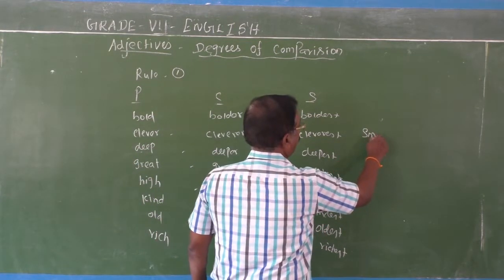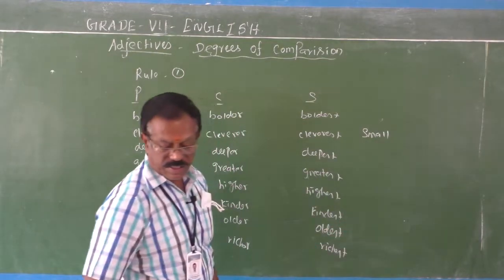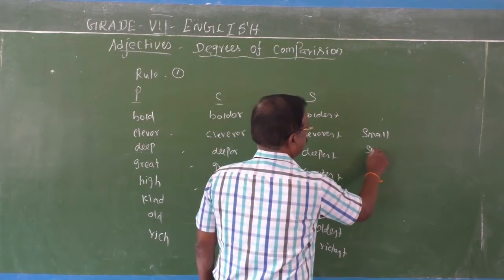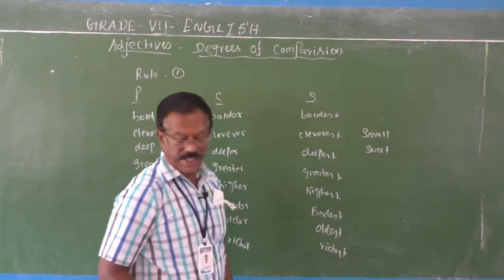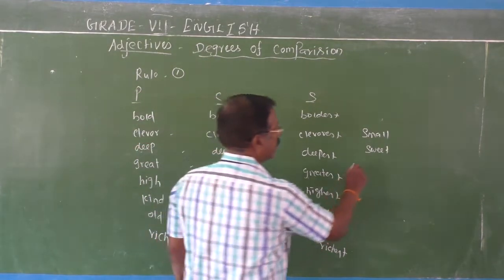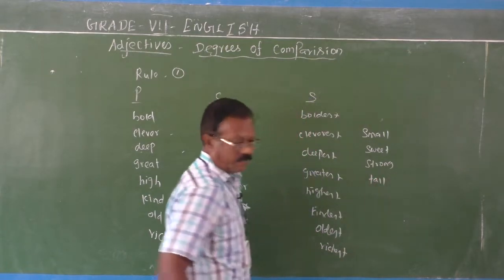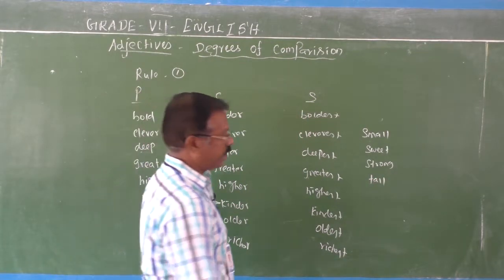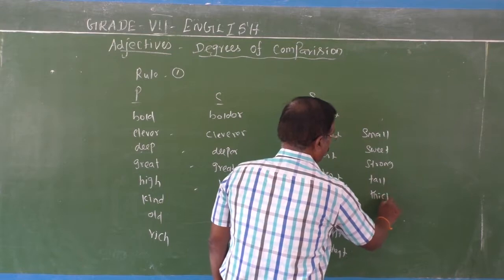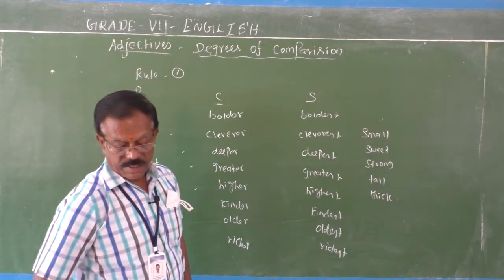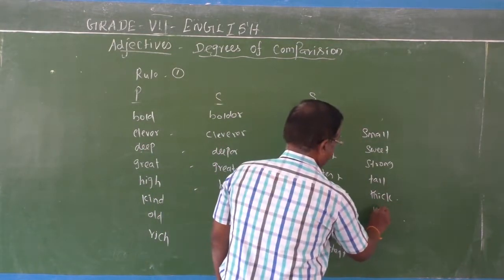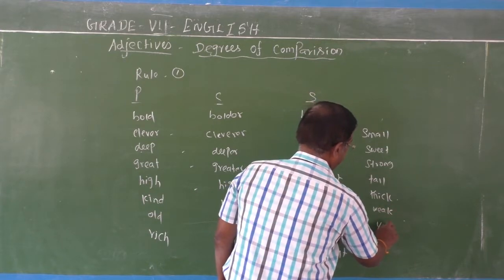Just I will write these words alone: small, sweet, strong, tall, thick, weak, young.